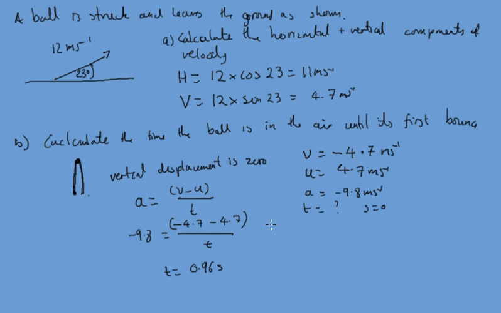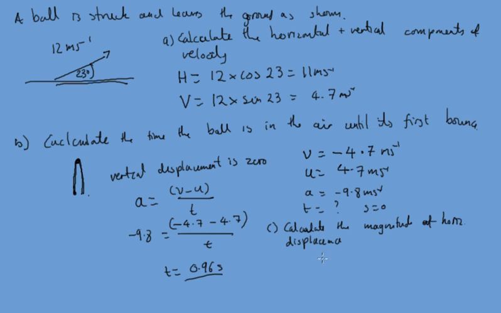And finally we want to calculate the magnitude of horizontal displacement. So this is how far the ball is going in that direction. So the time is going to be the same.